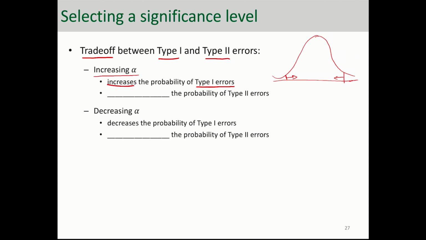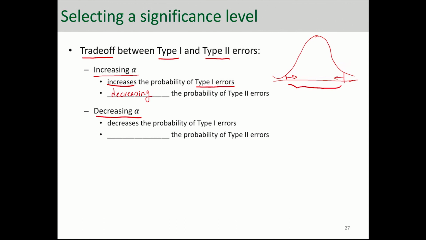But at the same time, we are decreasing the probability of type 2 error because we are closing this space and there's less chance of type 2 error.